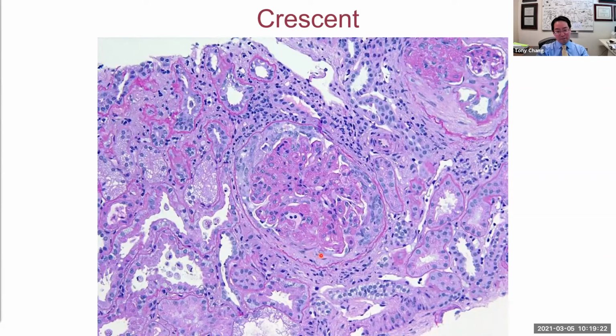There's one that's more fibrocellular here at the 6 o'clock position, and then a more acute hit surrounding the rest of this glomerulus that happened more recently. So that's something these biopsies can emphasize, that the injuries happen over a long period of time, at different time points.